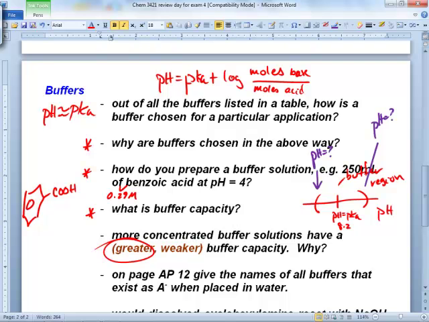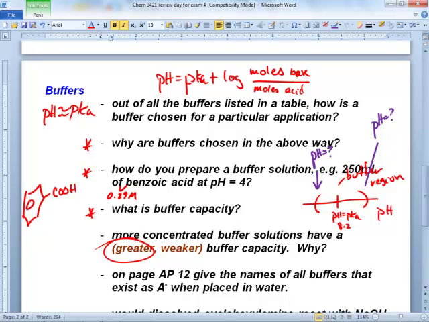If that pKa is 8.2, where's my buffer region? It's pretty much the same for every single buffer. Doesn't matter what you pick. How do you figure it out? 7.2 and 9.2. Amanda's exactly right. It's plus or minus 1.